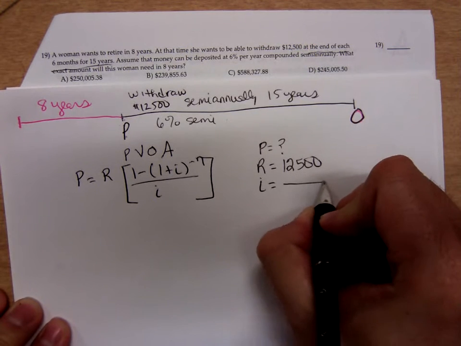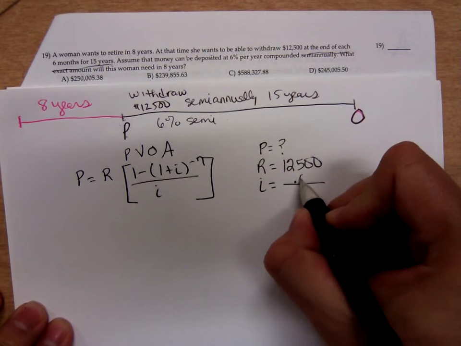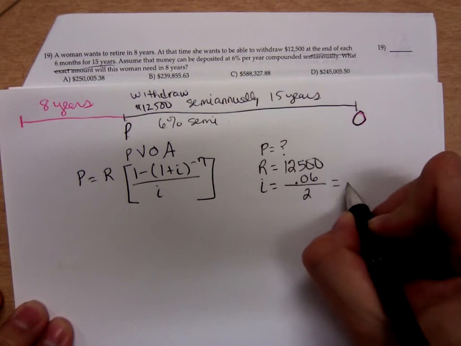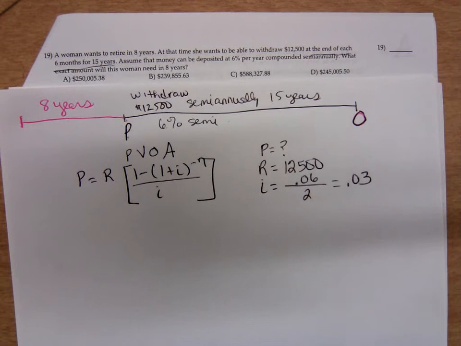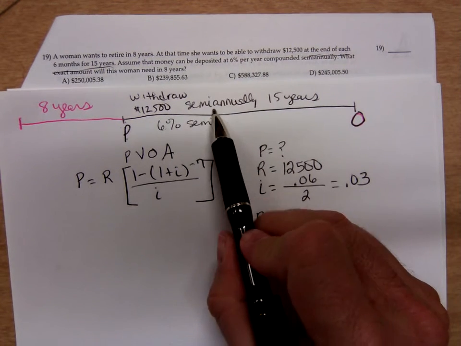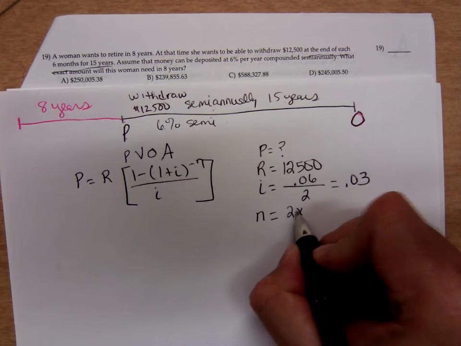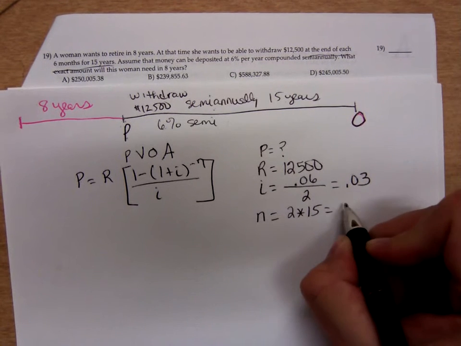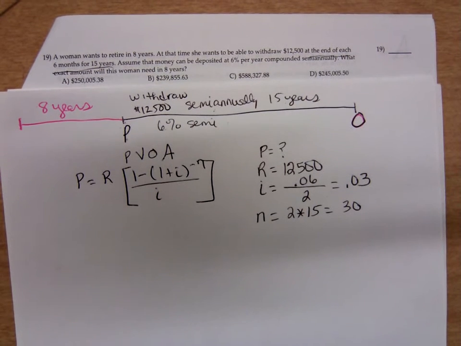To get I, we normally divide: 6% compounded semi-annually would be 3%. To get N, we normally multiply. How many total periods are there? How many semi-annual periods over 15 years? It's 2 per year for 15 years, so 30 semi-annual periods during those 15 years.